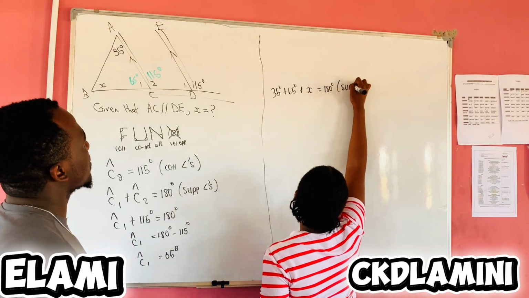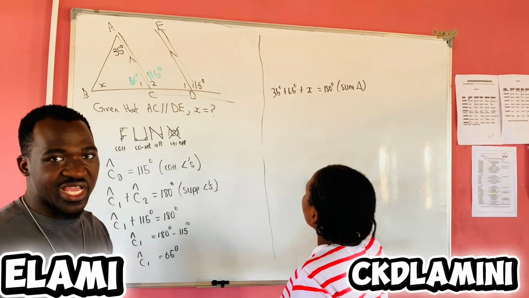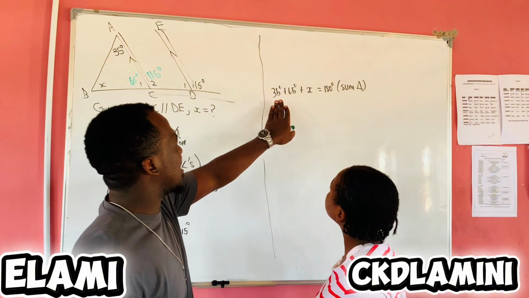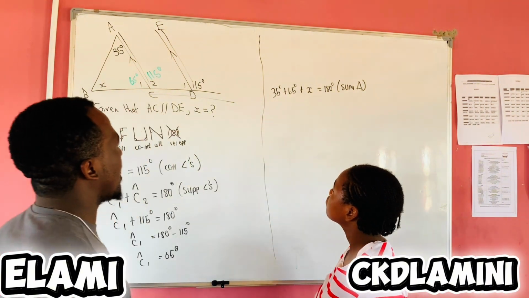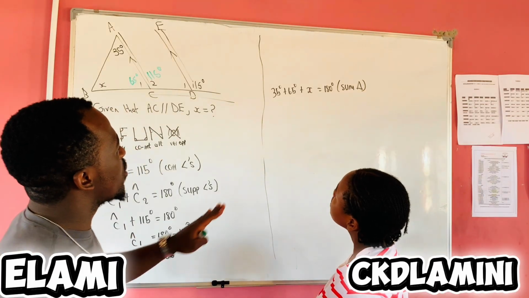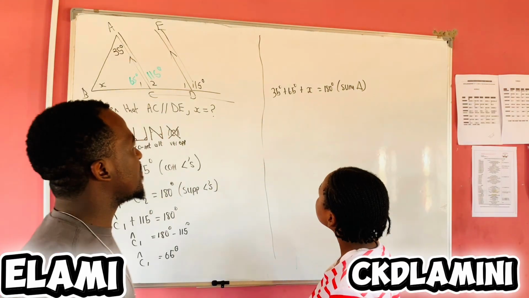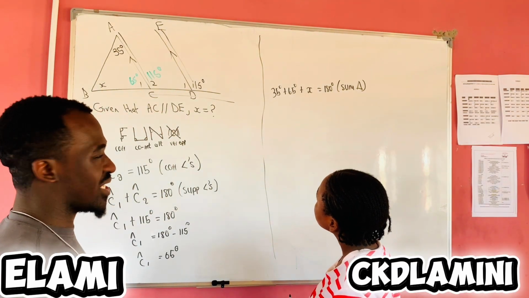The reason: sum of interior angles in a triangle. So now we have 35 plus 65 plus X, which is equal to 180 degrees. Now 35 plus 65 is going to give us 100, right?